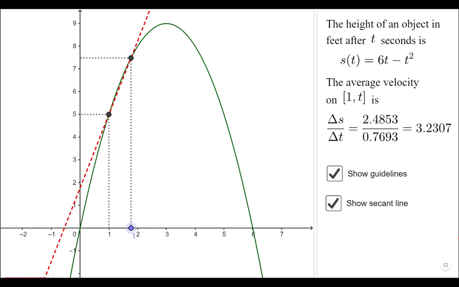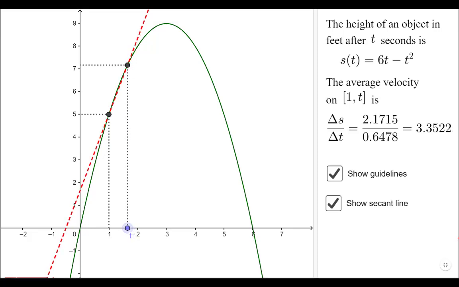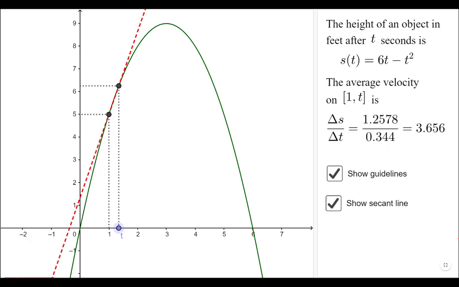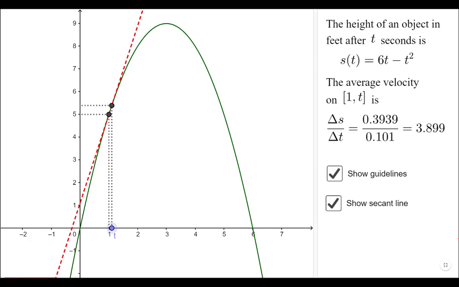So keep your eye on this number in the far right, 3.2307. That's going to change. Here, I'll sneak t closer and closer to 1. That number is getting closer and closer to 4. When t is really, really close to 1, that slope is really close to 4.